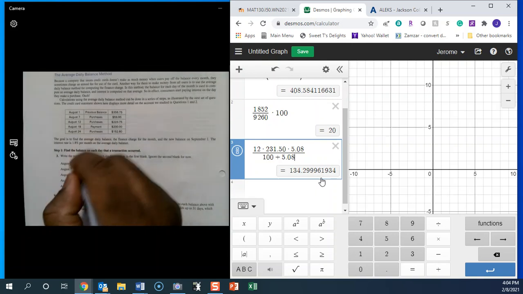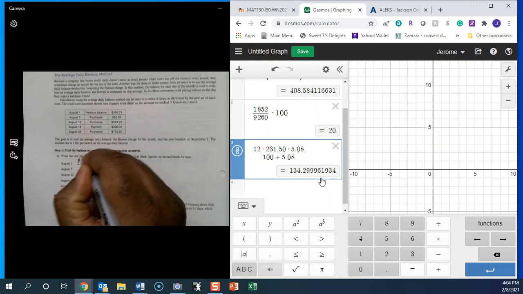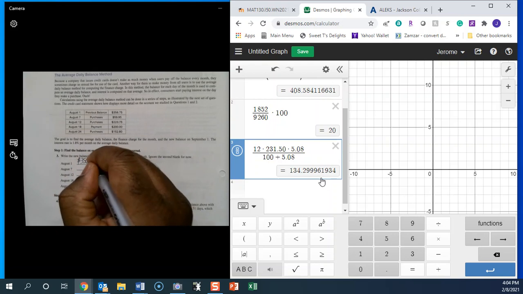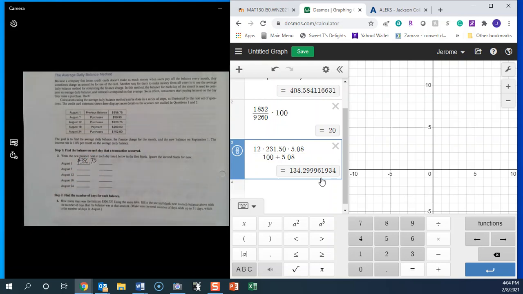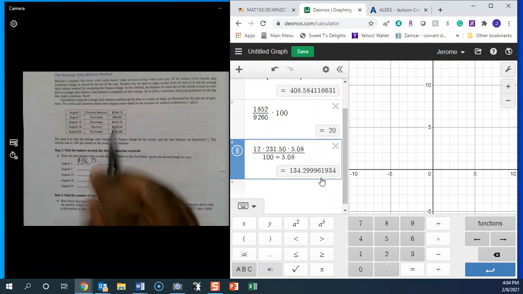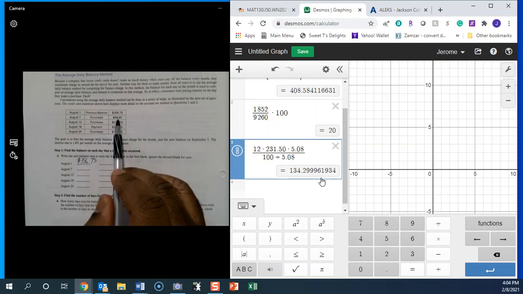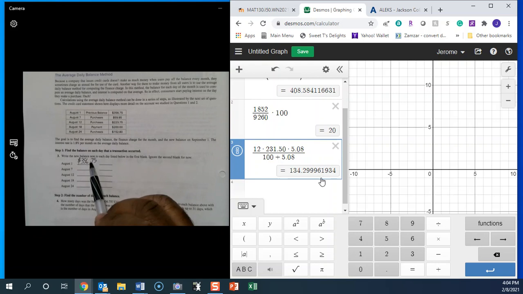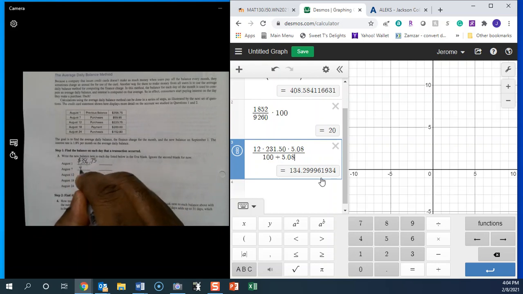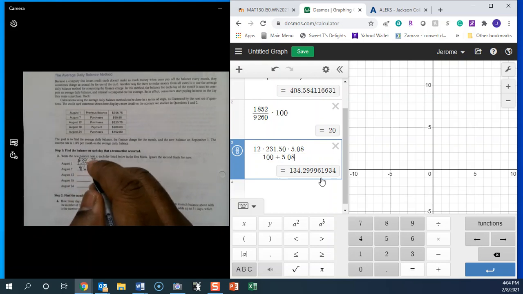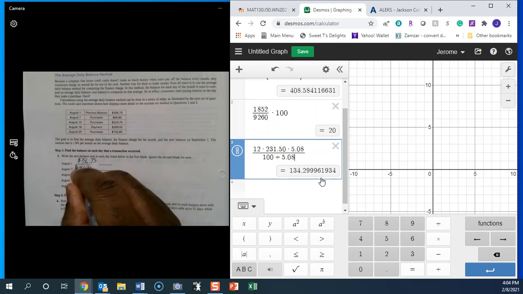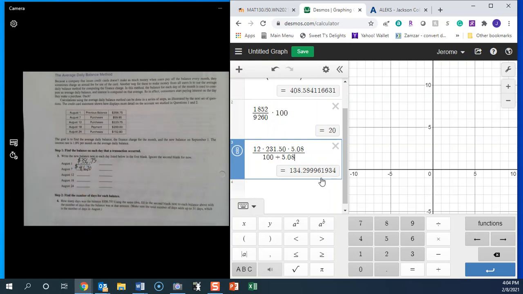Okay, we started the month off at $356.75. Now on August 7th, there was a purchase made of $59.95. So you would add these two together, and that'll give you $416.70. Now, August 12th, there was another purchase.